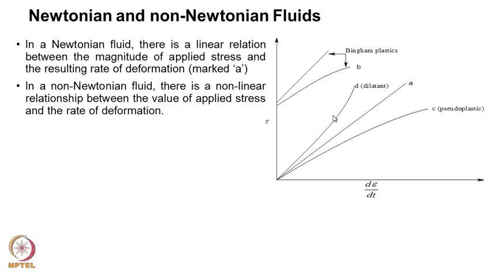Any other behavior marked in this figure, either B, D or C, where the linear relationship is not followed, is called a non-Newtonian fluid. For example, toothpaste is a non-Newtonian fluid, blood is a non-Newtonian fluid, and grease is a non-Newtonian fluid.